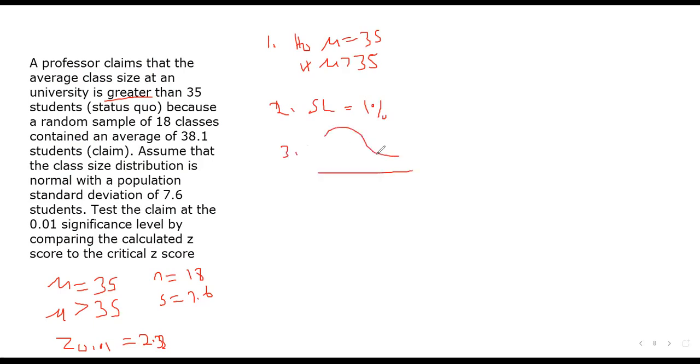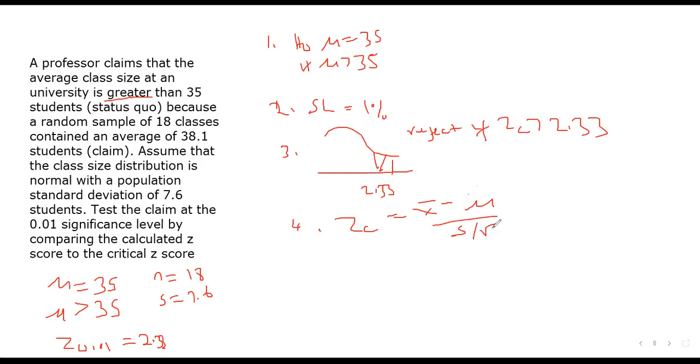This is greater, so we're going to look at the right side. So what are we going to reject? Reject H0 if Z calculated is greater than 2.33. And step 4, calculate Z: X bar minus mu over standard deviation over root of N.